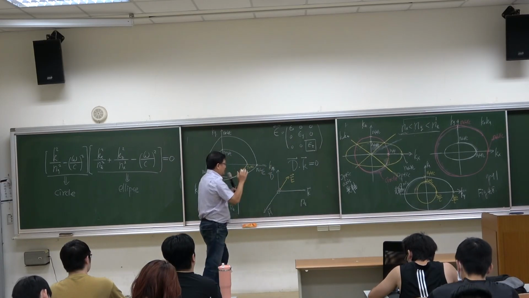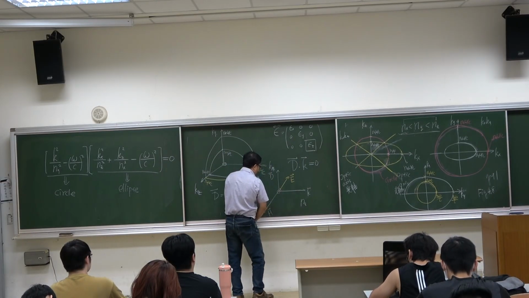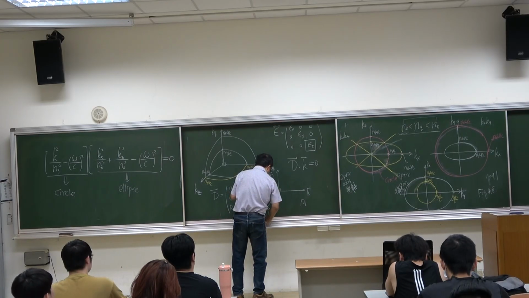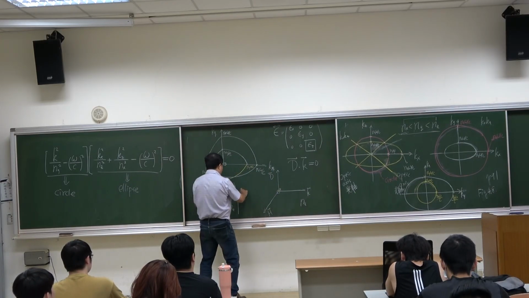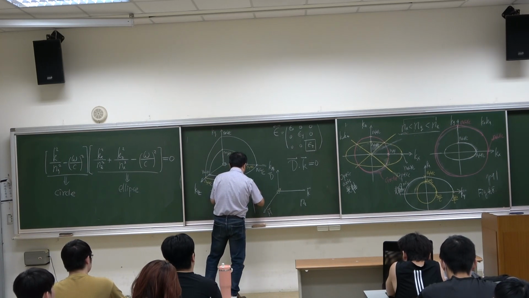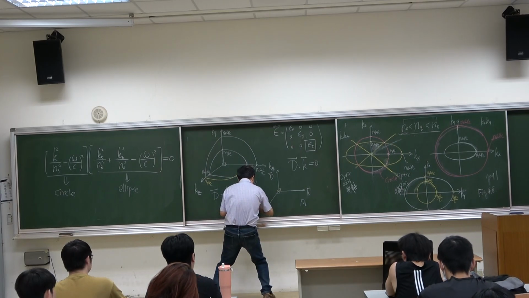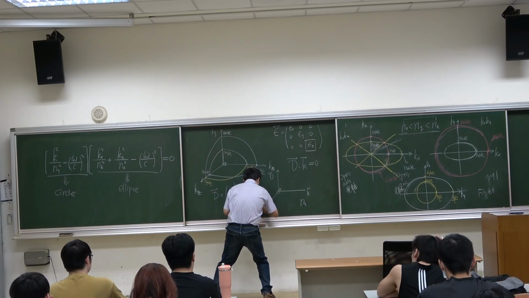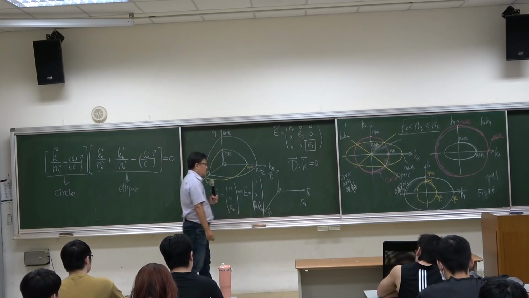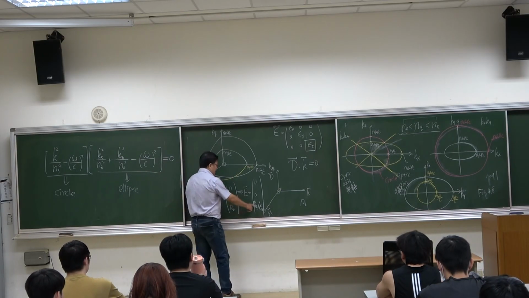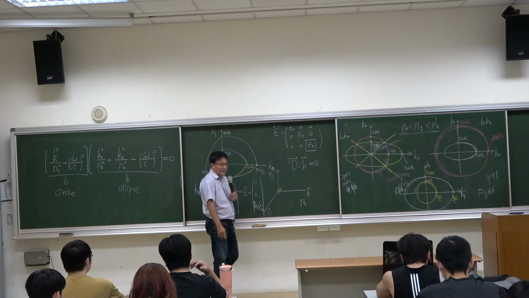Then, for this situation, E is parallel to D, because now the E vector is Dz over epsilon z.